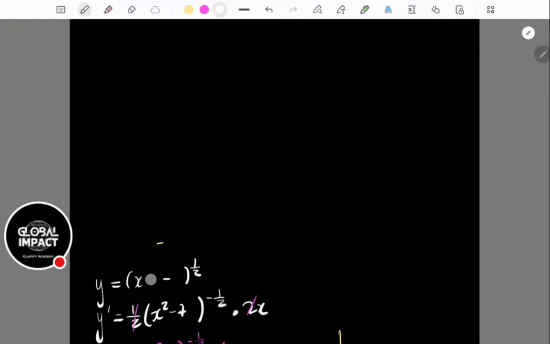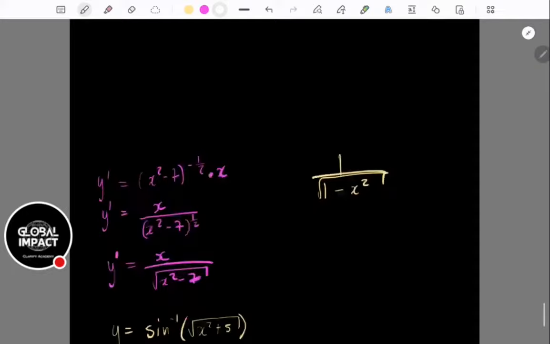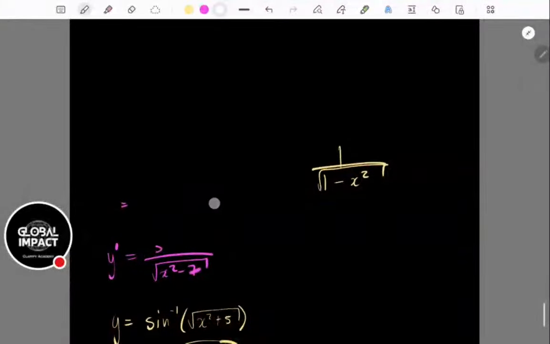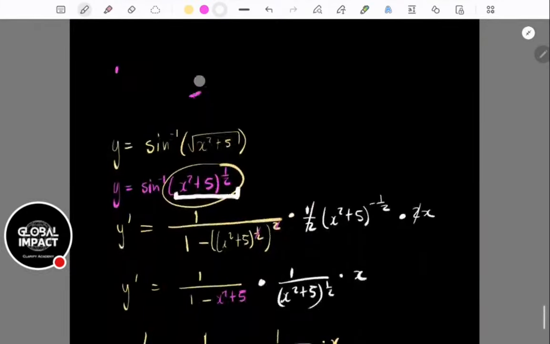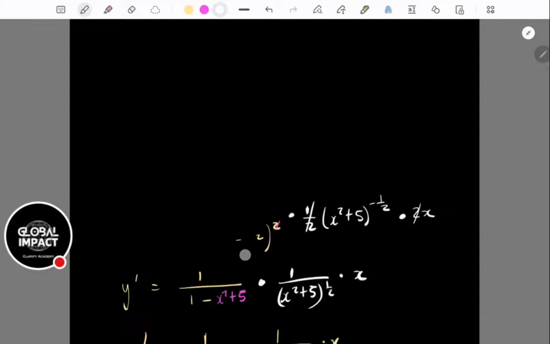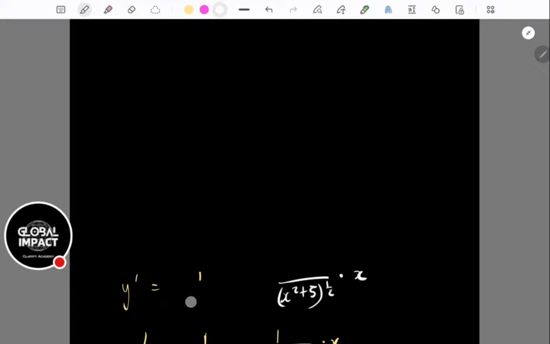We are just left with parametric and implicit and practicing. Let's do a lot of differentiation questions. We want to differentiate and differentiate and differentiate. Very important.